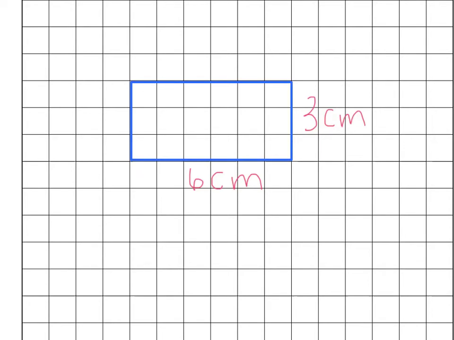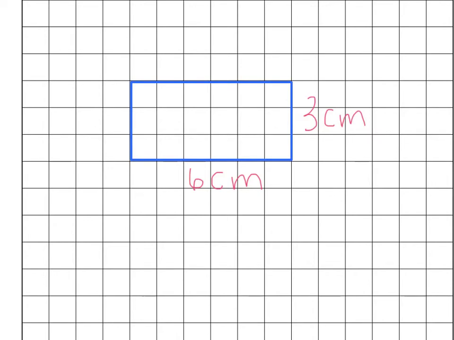Perimeter is the distance around a figure. So when we look at a rectangle, we can figure out perimeter by adding up the total of all of the sides. We know that opposite sides are equal in a rectangle.